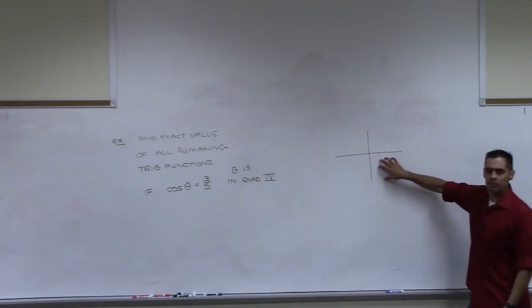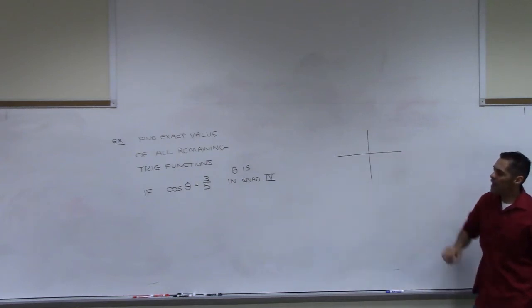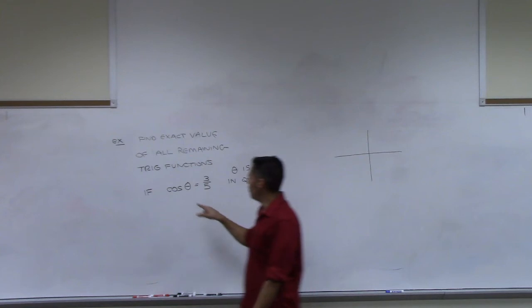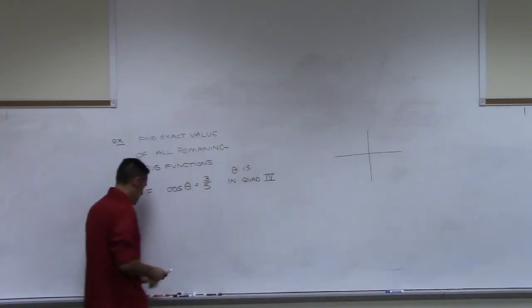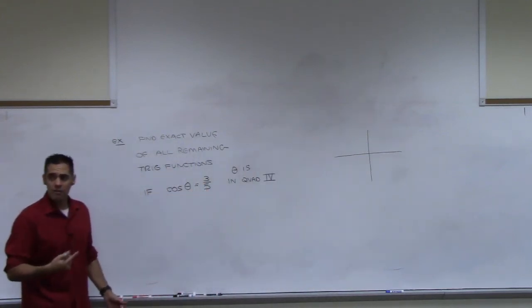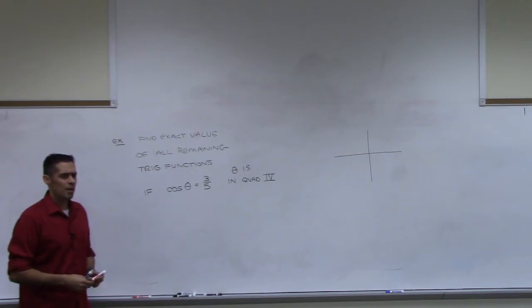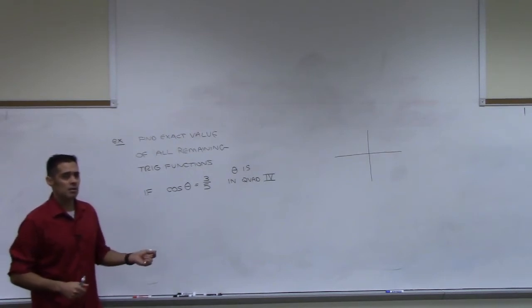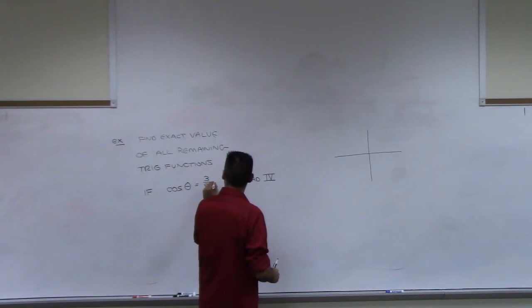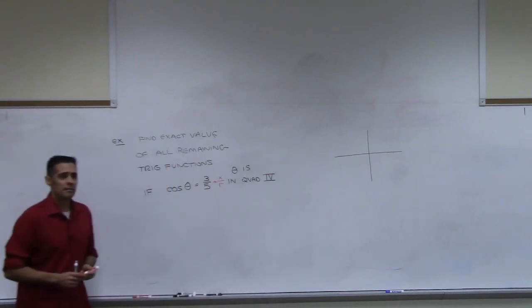We're over here, right? The fact that I'm given that cosine of theta is 3/5 means I can use the definition of cosine, which is x over r. And I can use that to say that my 3 must be x and my 5 must be r.